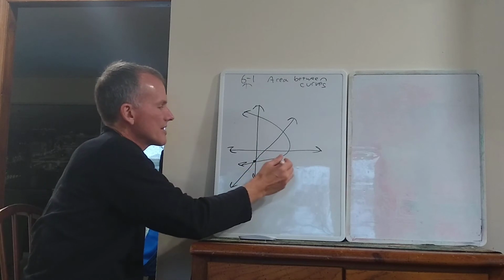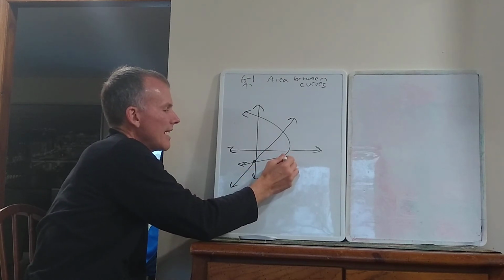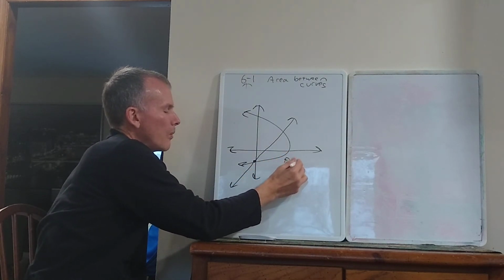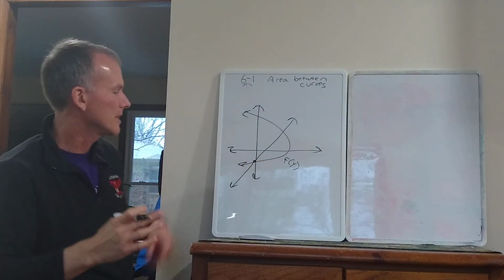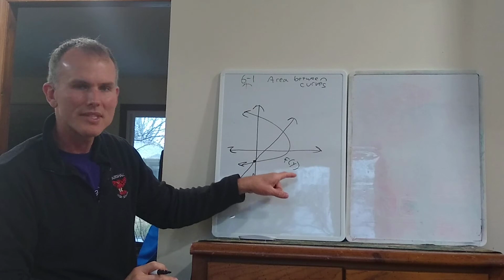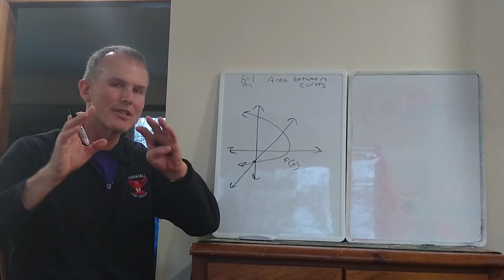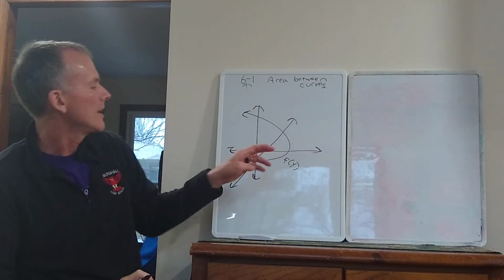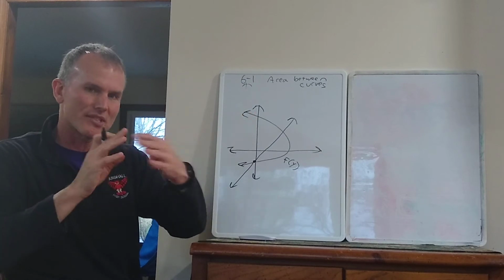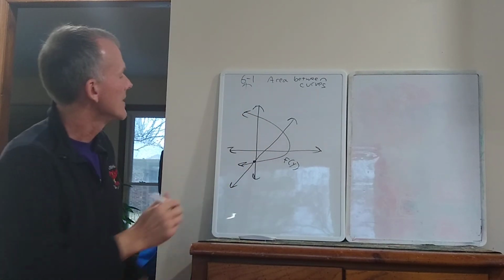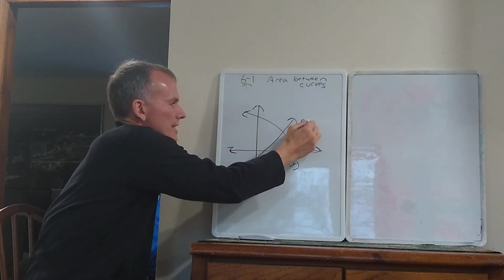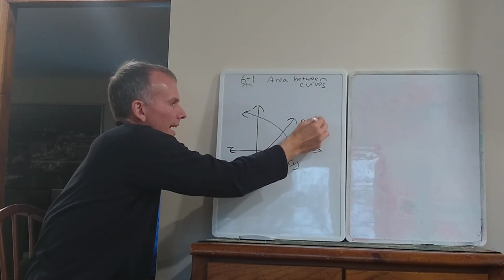So I'm going to write this as f of y. The rule for f of x is y equals something. Well, f of y is the same as x equals some expression in y. And then we'll call this line g of y.